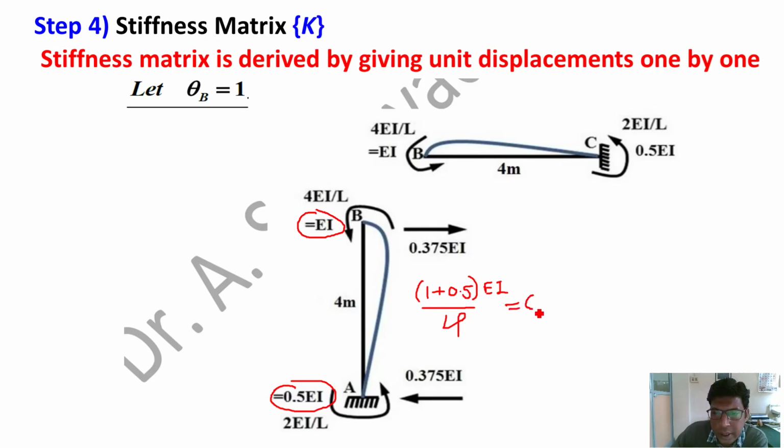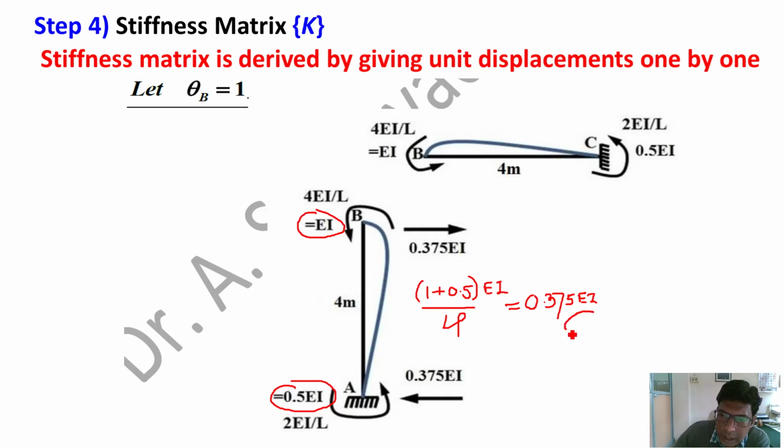This answer is 0.375 EI. Okay. Since both the moments are anti-clockwise, the summation will be positive. Summation will be positive 0.375 EI.